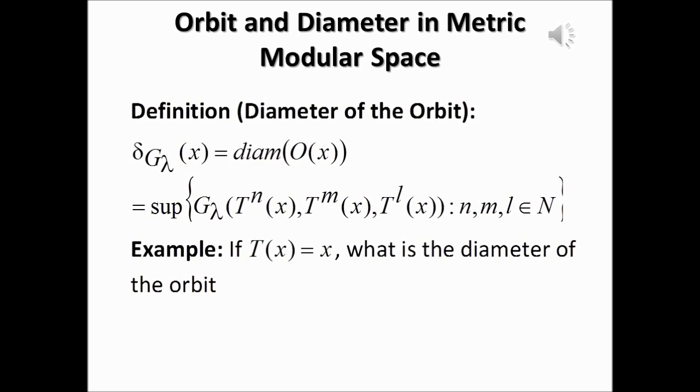Here, because any power of T applied to x is always x, each element in the chain distance is the same, which is x, x, x. So that tells you the distance has to be 0.